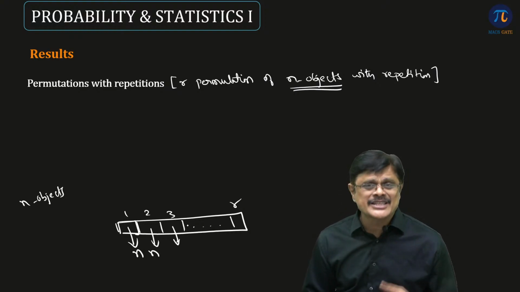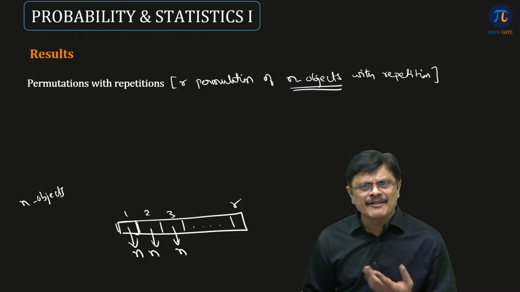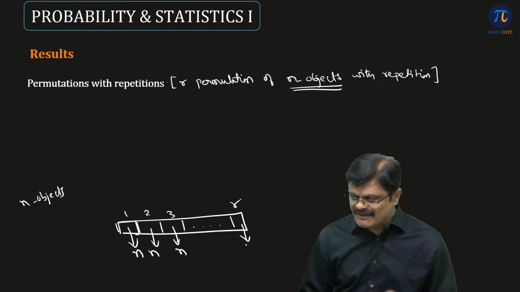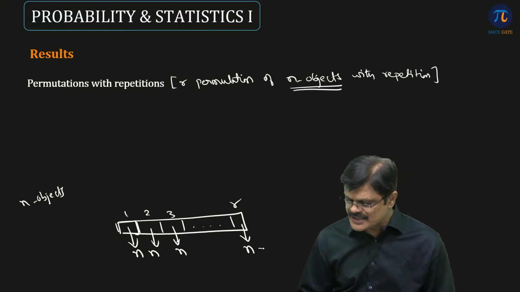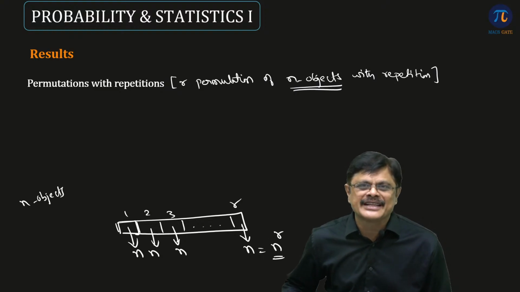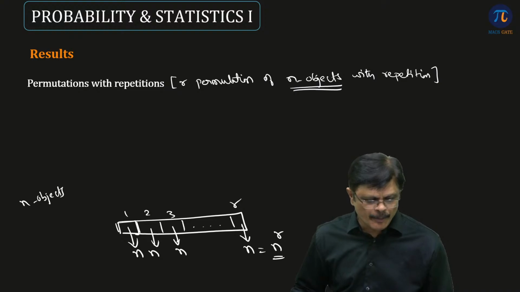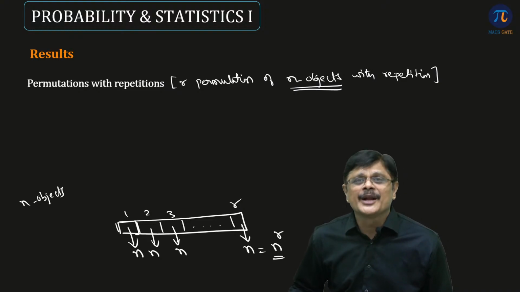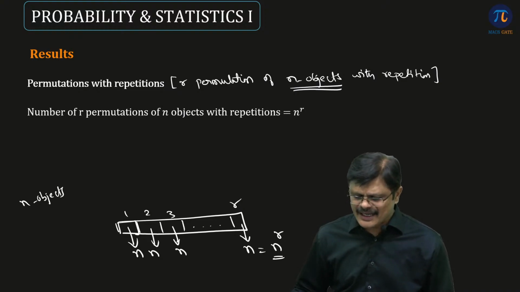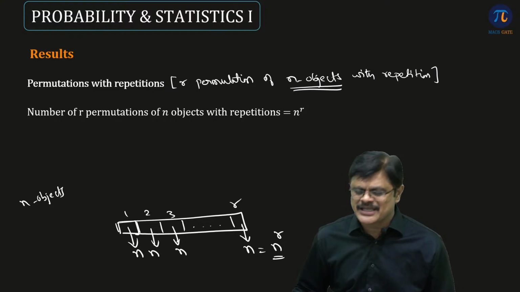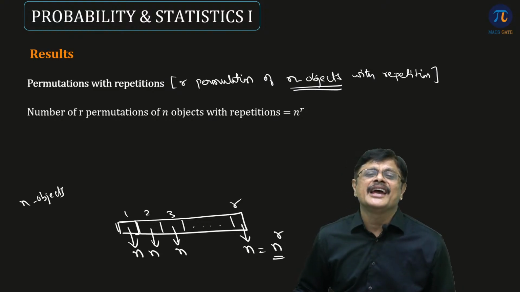Even for the third place you are having n choices. Even for the fourth place, you are having n choices. Even for the rth place, you are having n choices. So it is n into n into n, how many times? r times. So what is the answer for this? n power r. So permutations with repetition. What is the formula for this, sir? Number of r permutations of n objects with repetitions. The answer is n power r.